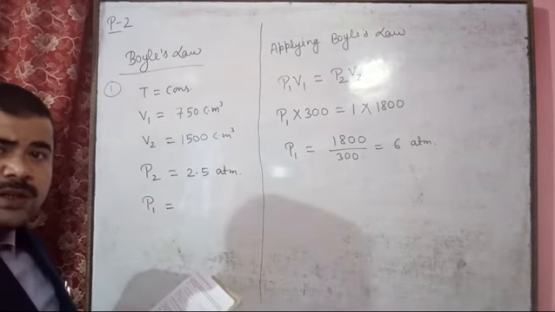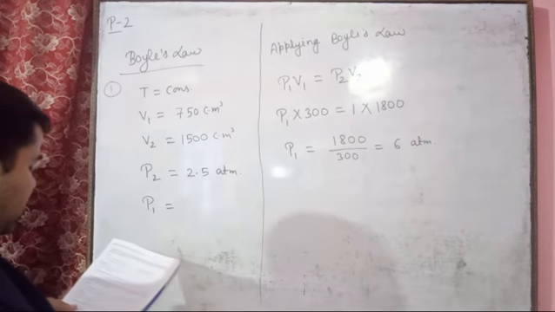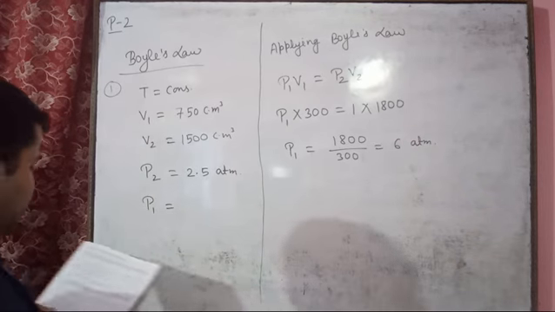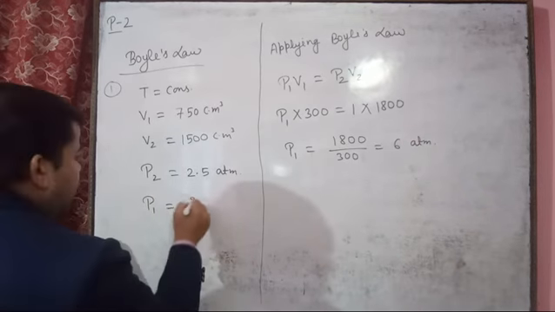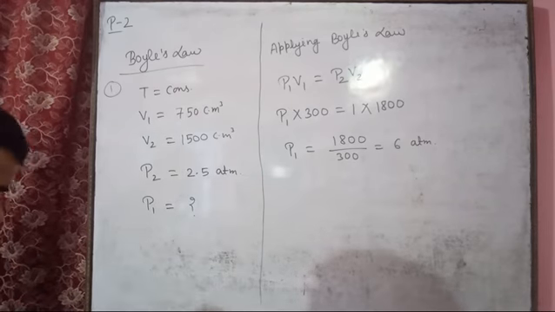Temperature constant means this is Boyle's law you will apply here, with temperature kept constant during the complete operation. So you have to determine the P1 value, and you will put the values here.